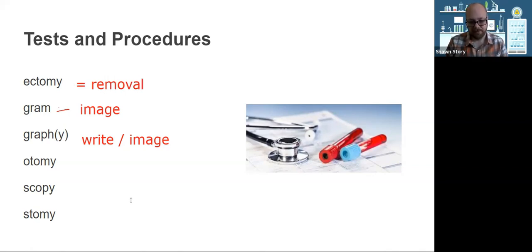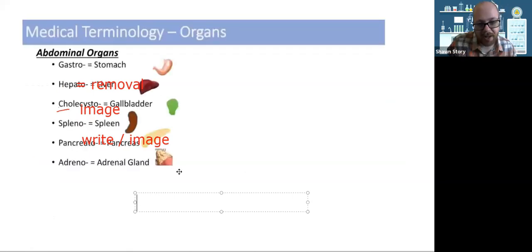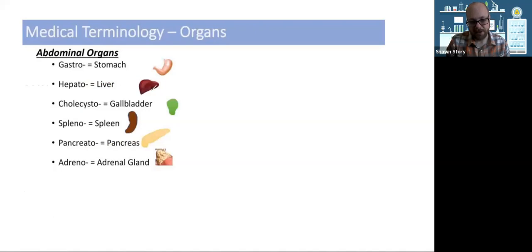So what would this be? What would we do for the removal of the gallbladder? So we would have a chole, and I think I'll put it here, ectomy.